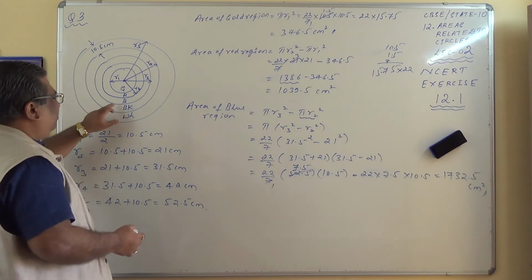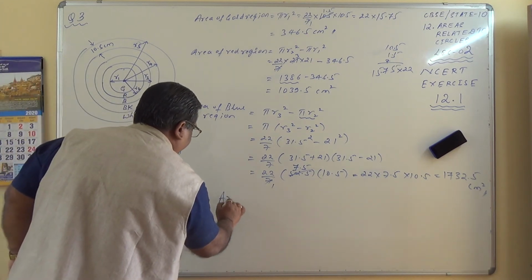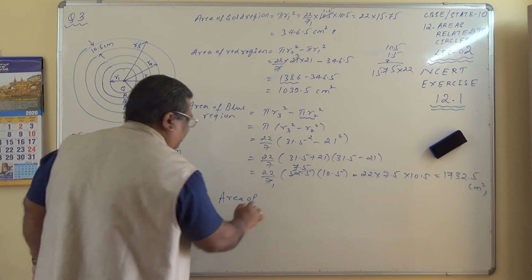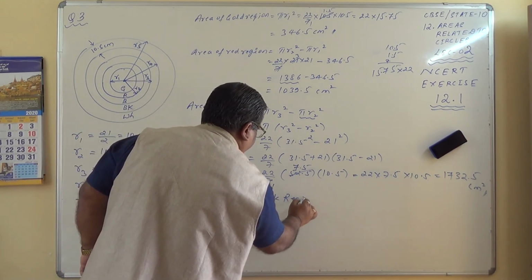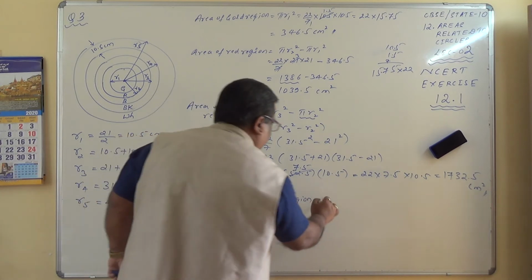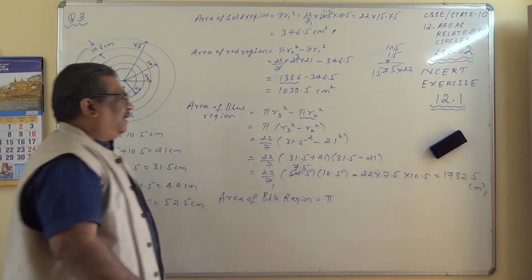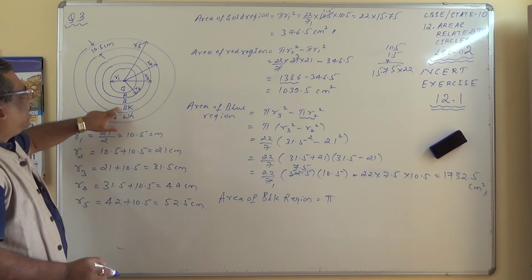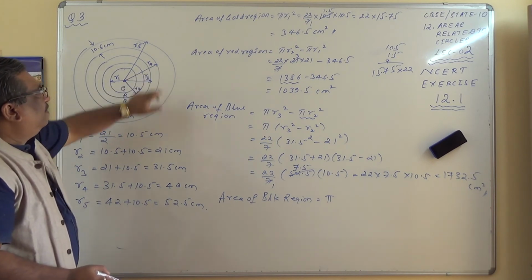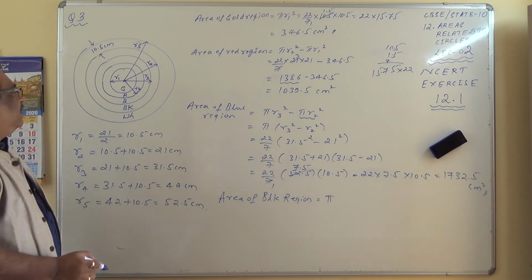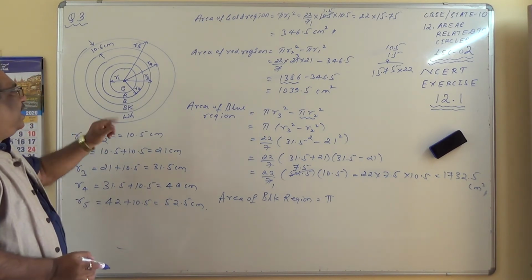Next, area of the black region. Area of black region is equal to pi R4 square minus pi R3 square.